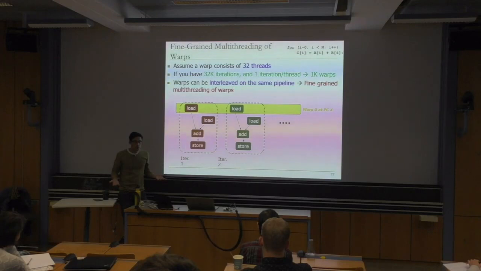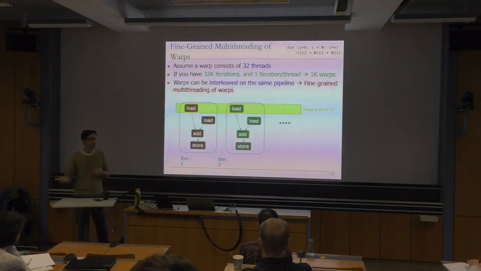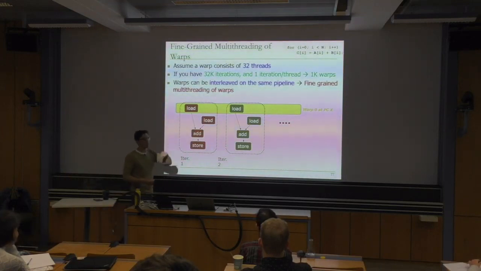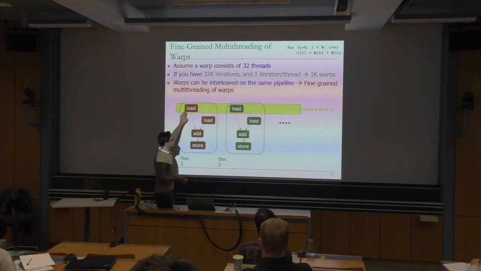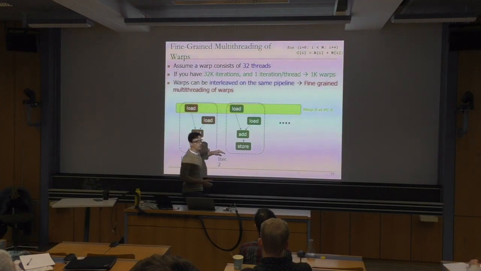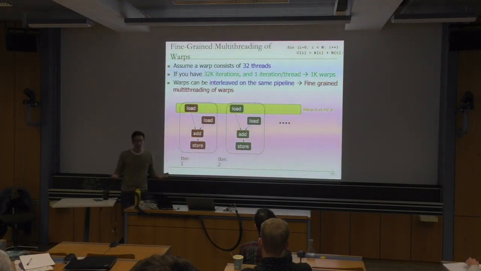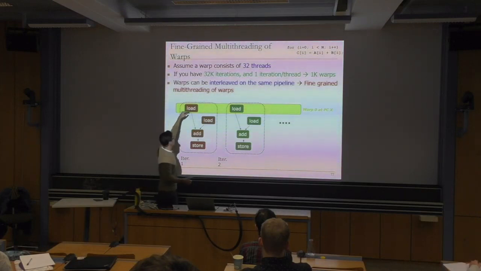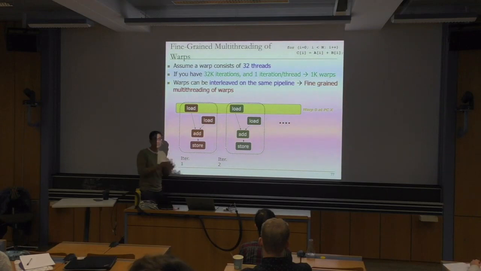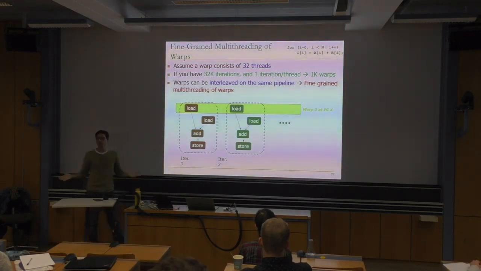So what do we do in the meantime? What we can do in the meantime is schedule instructions from different warps. Recall that we have 1,000 warps, so we will have to execute each of these 4 instructions 1,000 times. So instead of first doing all the instructions for warp 0 and then all the instructions for warp 1 and so on, we can interleave instructions from different warps, because they are completely independent of each other.